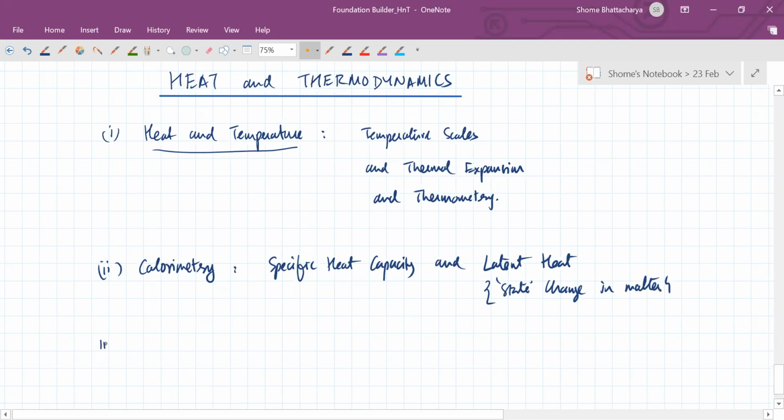And then the next chapter we will see is kinetic theory of gases, followed by first law of thermodynamics and its applications.